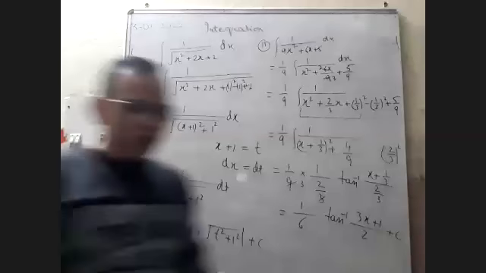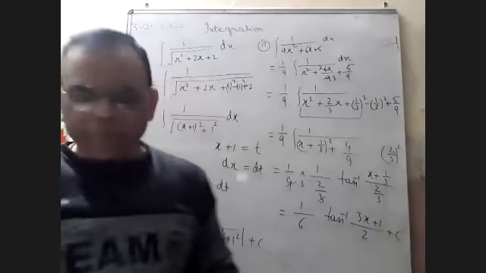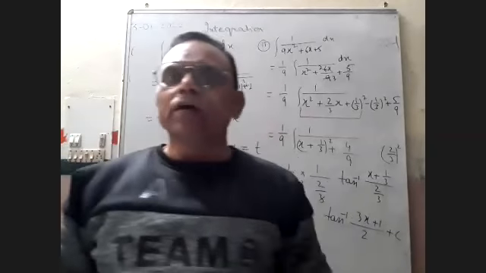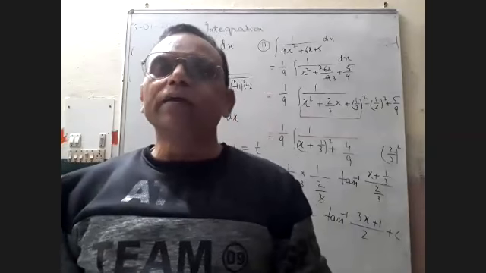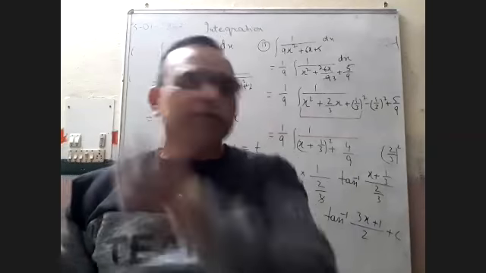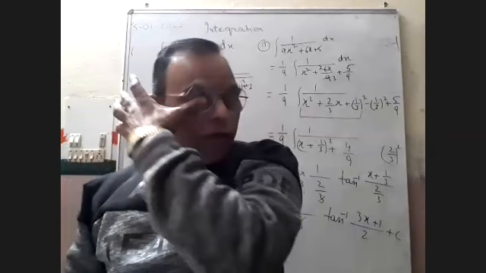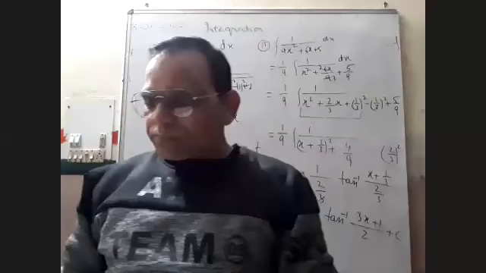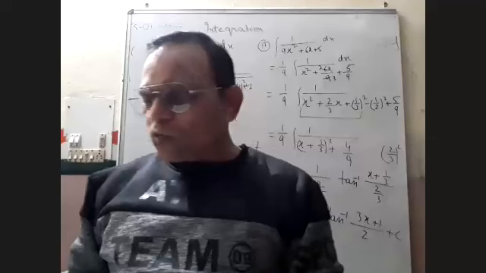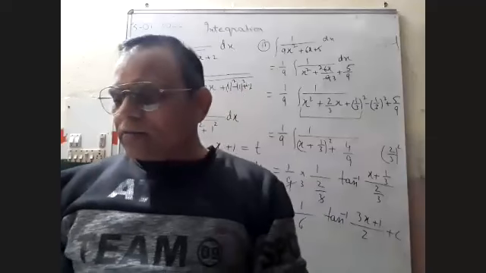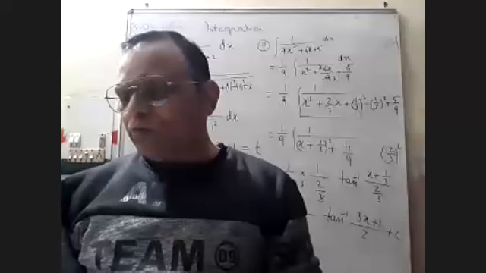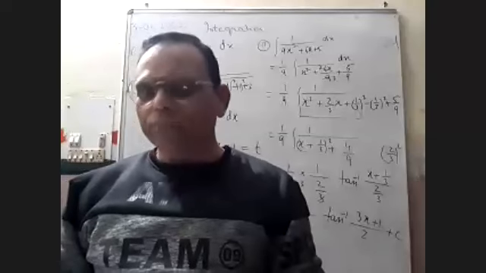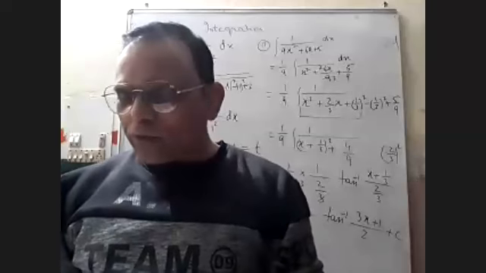So you should try. I am just giving you a hint. If you could do it, it will be better. If you get some problem, you just send it on my WhatsApp. I will solve it and send it to you. In question number 12, 7 minus 6x minus x square, you have to make the complete square. In question number 13 also you have to make the complete square.